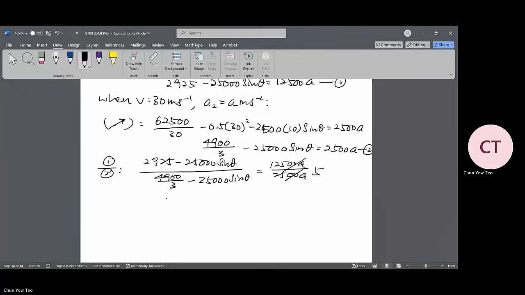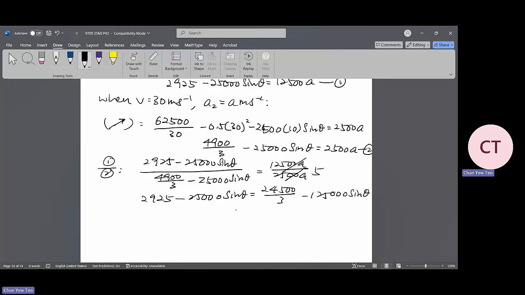Okay. So then this one I will get 2925 minus the 25,000 sine theta is equals to the 24500 over 3 minus the 12500 sine theta.